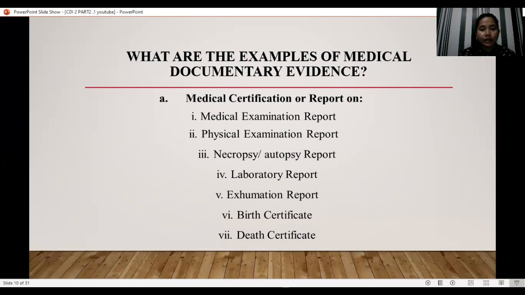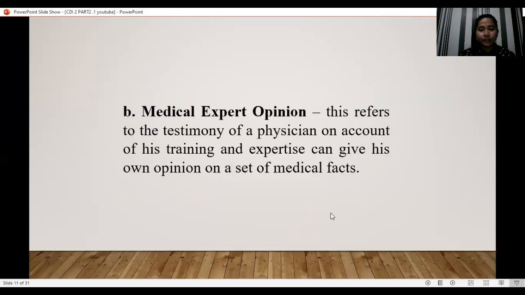The next one, we have the laboratory report and we have the exhumation report. When we say exhume or exhumation, it is a digging up of something buried, especially a corpse or a dead body. The last two are the birth certificate and the death certificate.